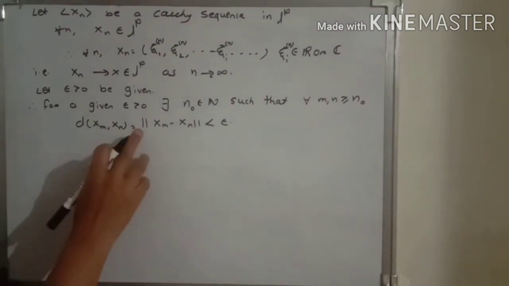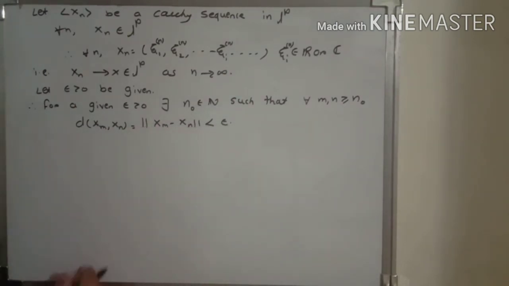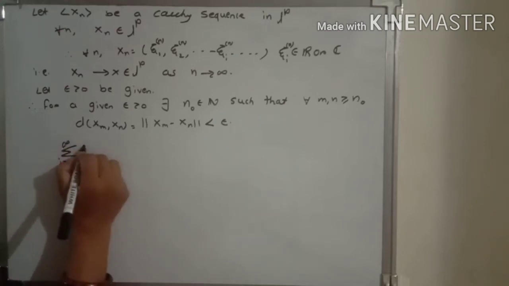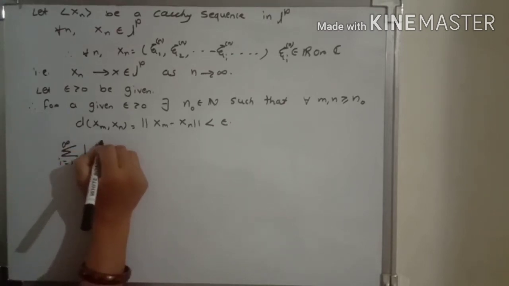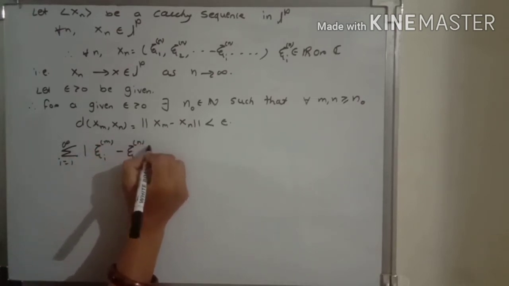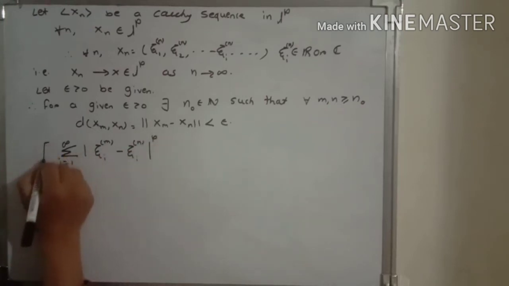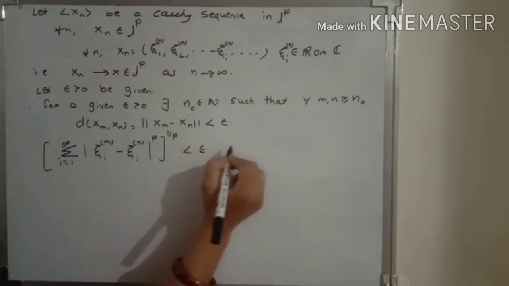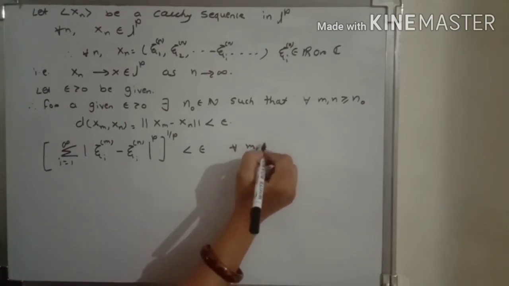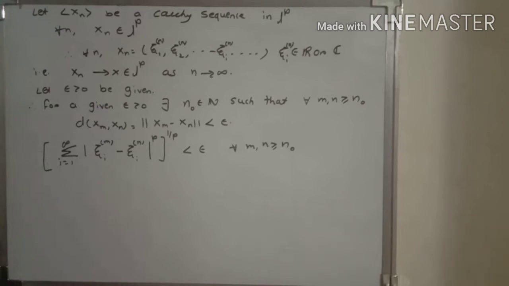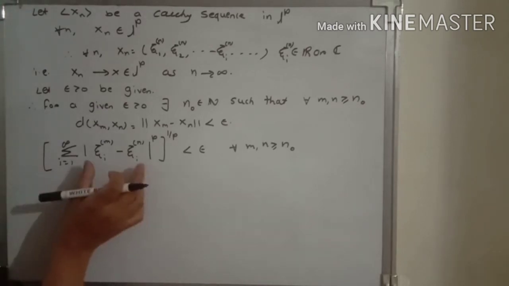Now we put the value of norm of xm minus xn as summation i from 1 to infinity mod of xi im minus xi in to the power p, whole power 1 by p. It is lesser than epsilon for all m, n greater than or equal to n naught. Now here this is the sum of absolute values.